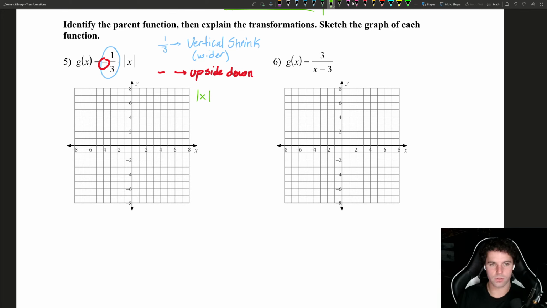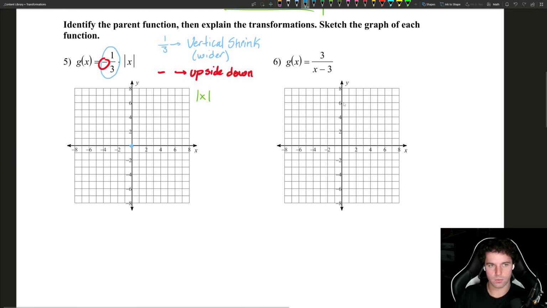Okay, so we just take those and we graph them. It doesn't shift up or down or left and right, so it starts pretty simple. It starts at 0, 0. And then we could plug in a point if you wanted to. So let's plug in 3.